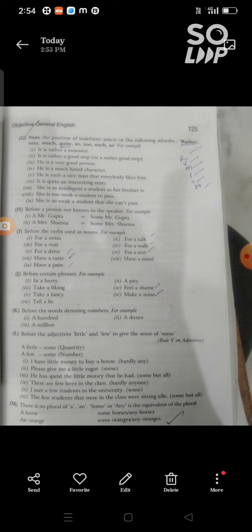You observe that here: before a person not known to the speaker.